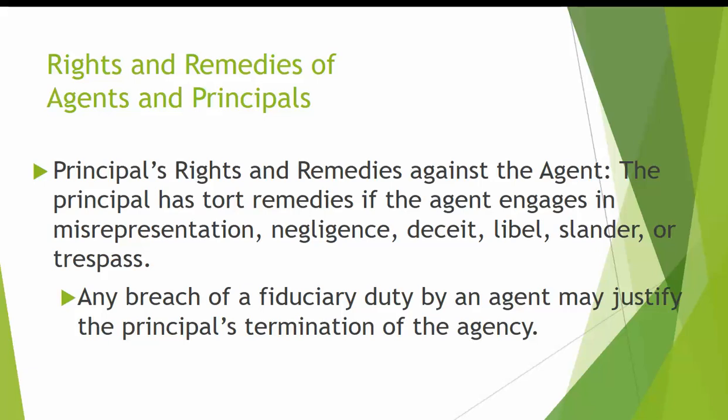If our agent acts in a way that misrepresents the nature of the relationship, is negligent, commits tort acts of libel, slander, trespass, or if the agent's deceitful, if those facts are proven, then we would see a breach of that fiduciary duty. So if the agent is the one breaching, the principal does have a right to terminate the relationship.